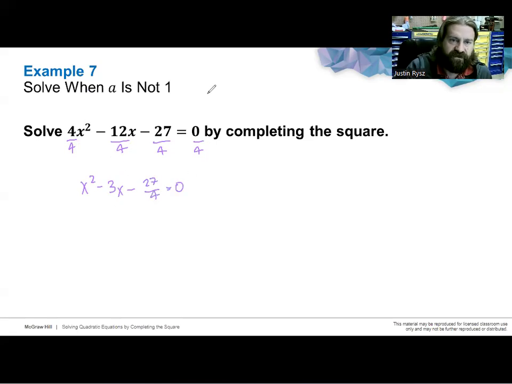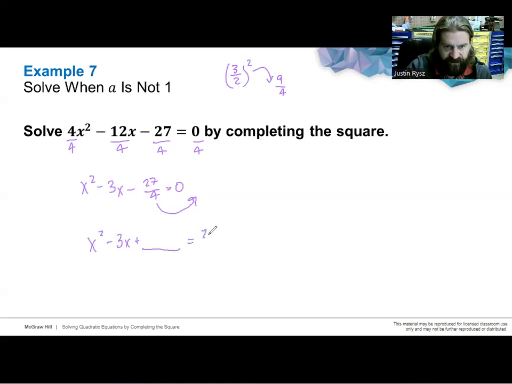If I take this 3, cut it in half, and square it, that's 9 over 4. That's not the same thing as 27 over 4. So I'm going to move this over and put some blanks in. We get x squared minus 3x plus blank equals a positive 27 over 4 plus blank.